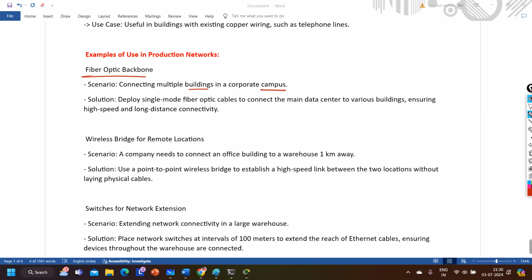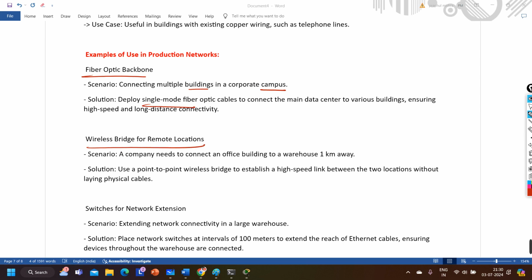You have multiple buildings and all buildings are connected with the data center. So you will use optical fiber, and which type of optical fiber? Single mode. If the distance is less, then you will use multi-mode.